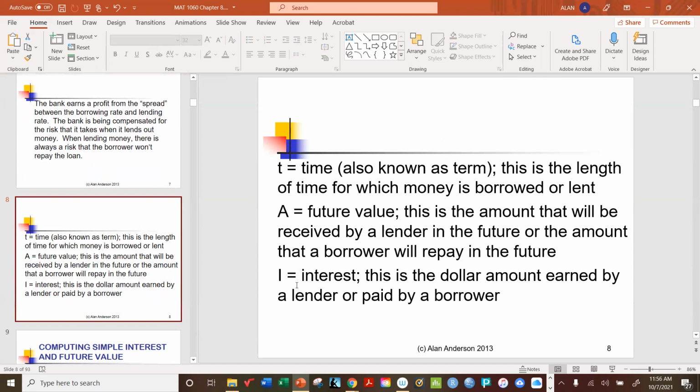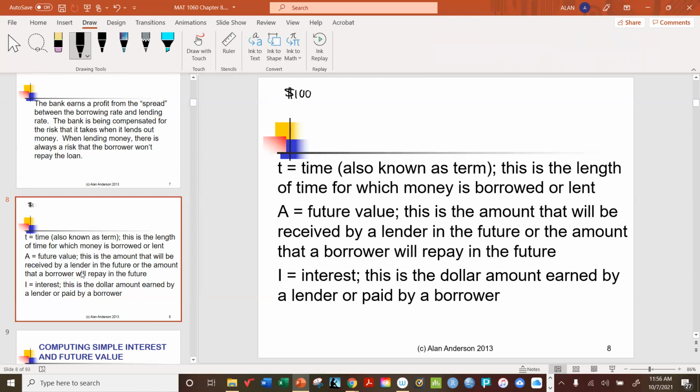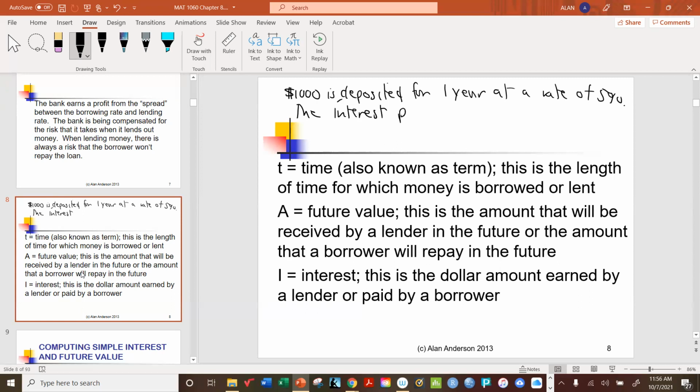Just to give you a quick example, if $1,000 is deposited for 1 year at a rate of 5%, the interest paid to this account is 5% or 0.05 times 1,000, which is 50.